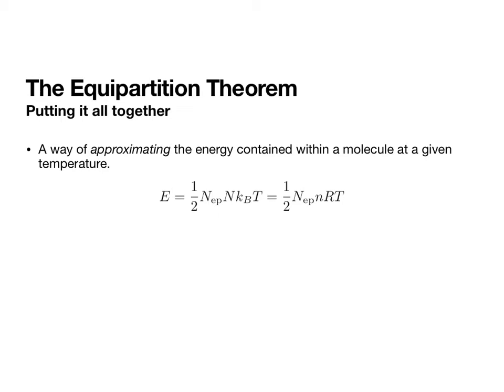So the equipartition theorem just tries to put this all together. And it says that the energy of our molecule is going to be equal to this 1/2 kBT times the number of molecules in our sample times our f in equipartition. And this is our total degrees of freedom.